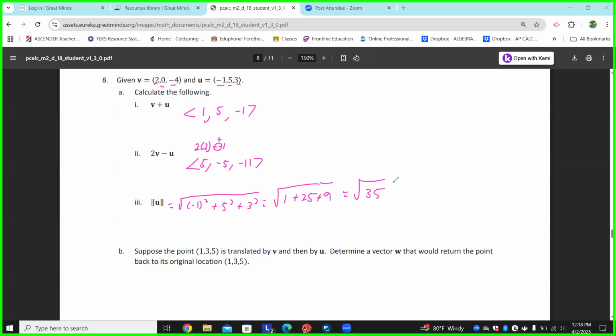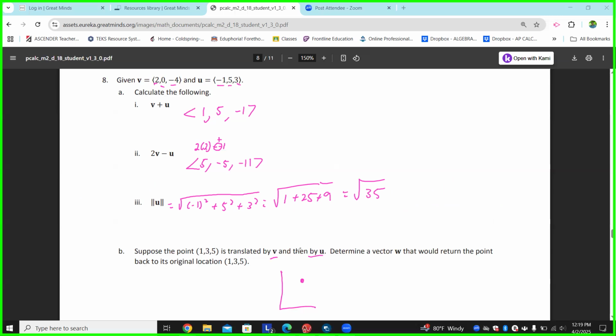All right, let's do 8 or part B here. Let's suppose this is going to be a rough guess. Suppose we have a point in space 1, 3, 5. And then I want to translate V then by U. If I do V then U, I'm basically doing what? If I take a point in space and I move it by V and then I move it by U, I'm basically moving it by, okay, kind of, but a little bit more specific.